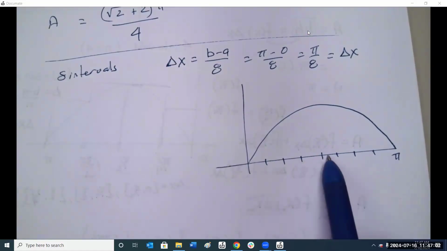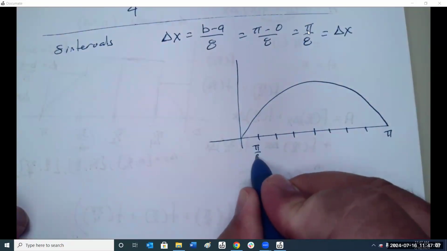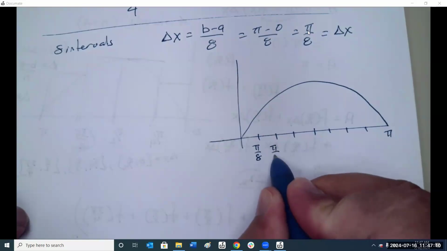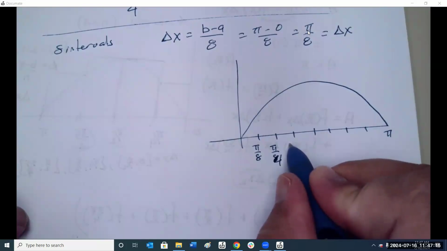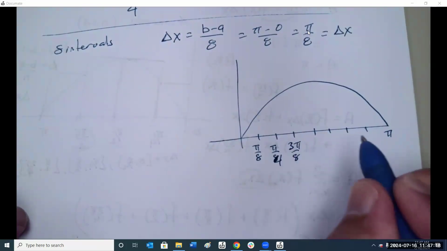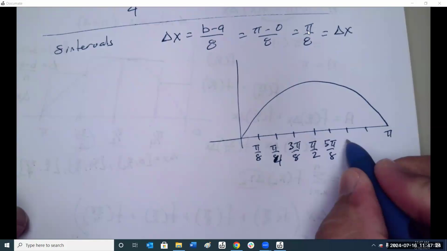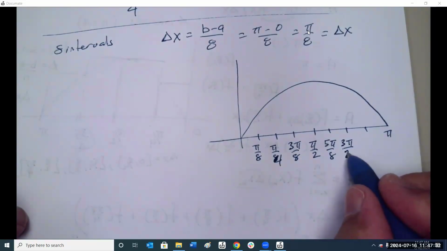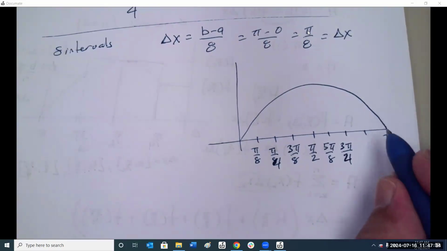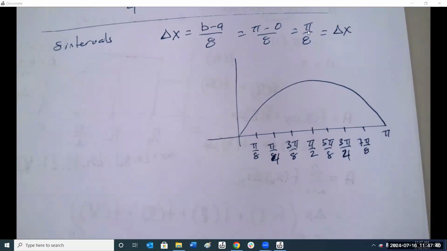We have 1, 2, 3, 4, 5, 6, 7, 8 intervals. So this is 1 pi over 8, 2 pi over 8, pi over 4 in this case, 3 pi over 8, 4 pi over 8, 5 pi over 8, 6 pi over 8, 7 pi over 8, and then 8 pi over 8.